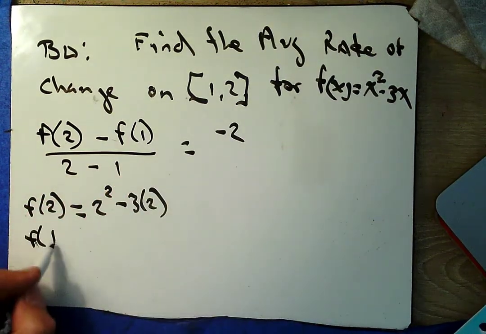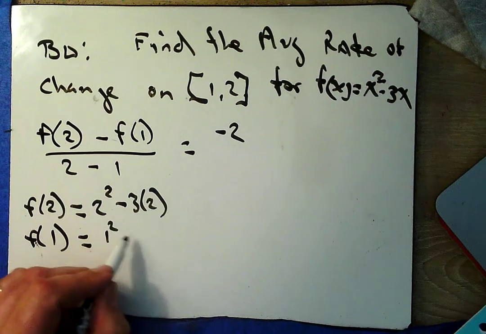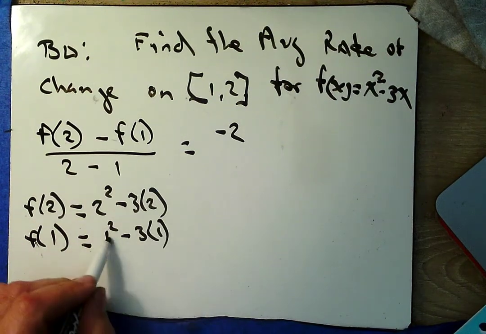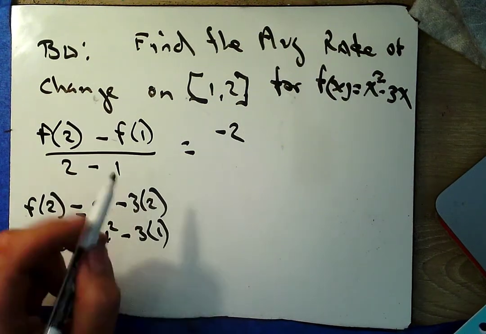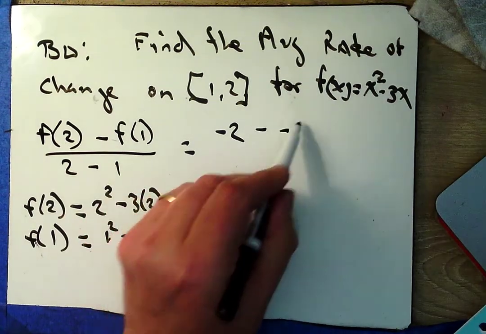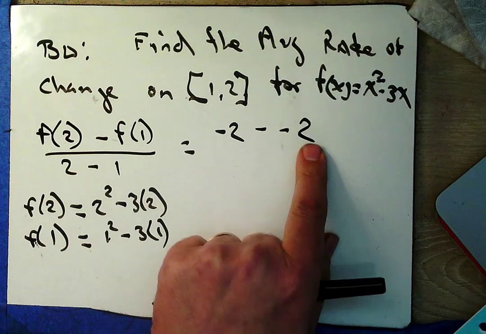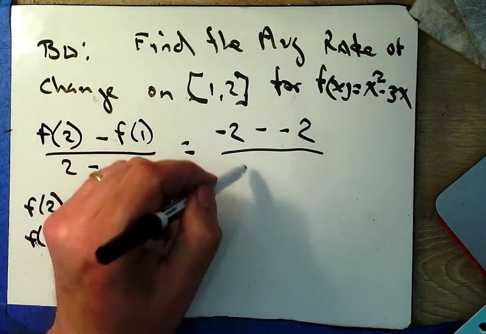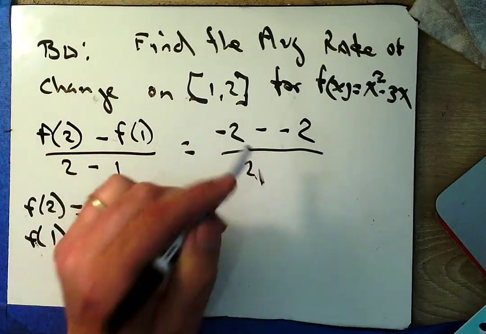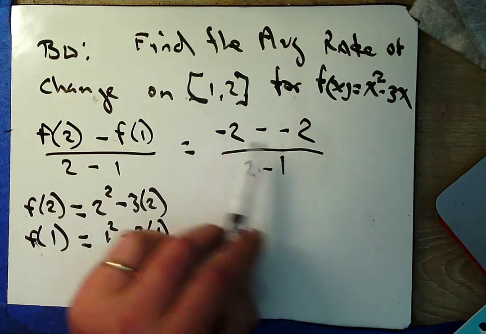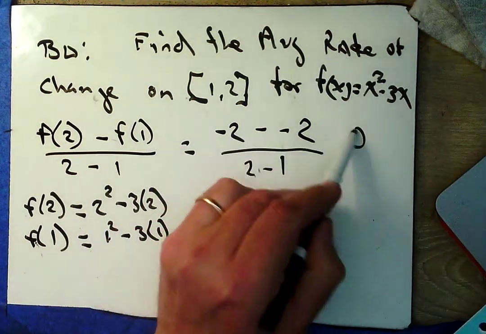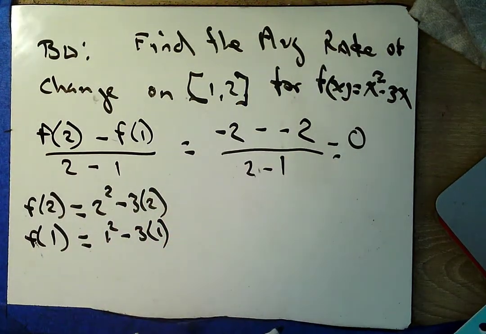And f of 1 is going to be 1 squared minus 3 times 1. 1 minus 3 is negative 2. So f of 2 minus f of 1 over 2 minus 1. Okay, so that's going to be plus 2 minus 2. That's 0. Huh, isn't that interesting? The average rate of change is 0.